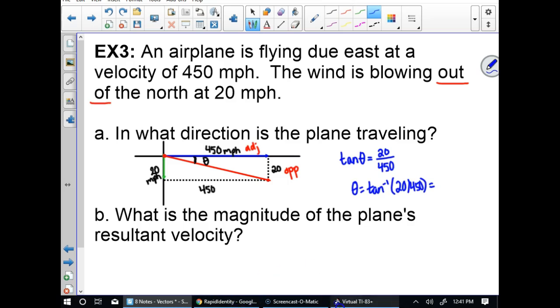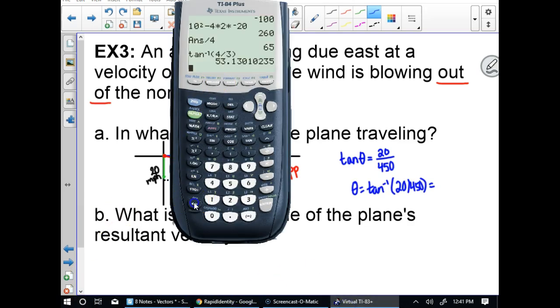And whenever we do that, we get 2.545 degrees.